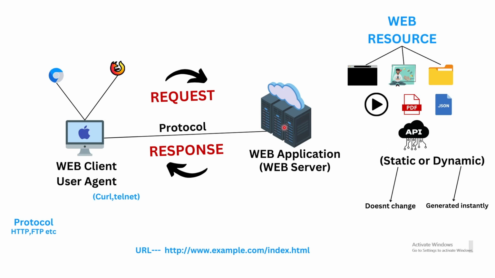If it's static, it gives it instantly, and if it's dynamic, the response is generated instantly, and after that the server responds with the requested document to the web client. So this was a basic overview of how a web app works.